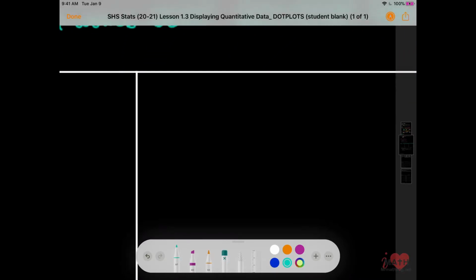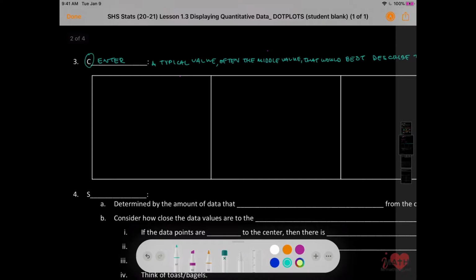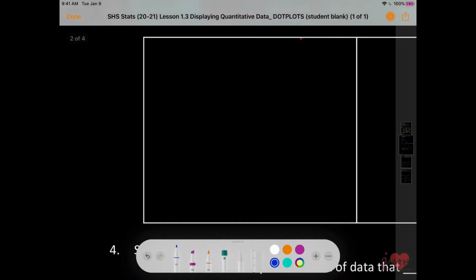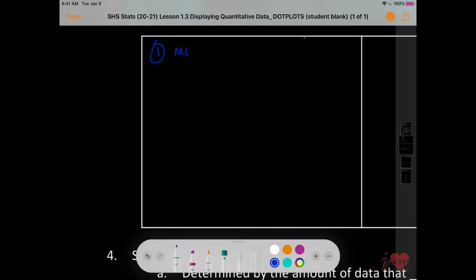So there are 3 ways of measuring the center. The first one is called the mean or average. A way of finding it is taking the sum. And for the sum, you're going to have this symbol, a backwards E called a sigma, divided by the number of, fancy word, addends. Here's my example. I'm going to have 3 numbers. How many Snicker bars did you have in the past 3 days?